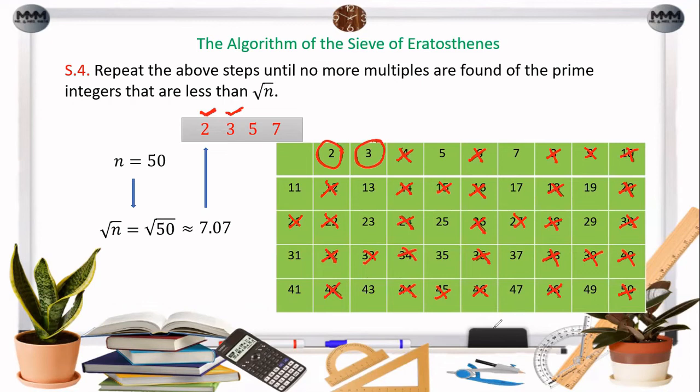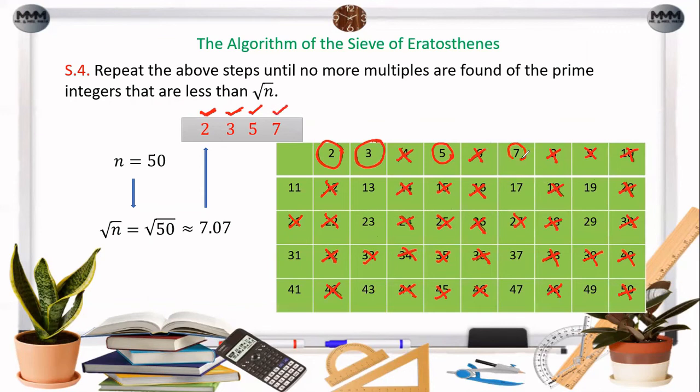So let's have number 5. For number 5, we encircle it and then cross out all the multiples of 5. We have 10 already crossed out, 15, 20, 25, 30, 35, 40, 45, 50. And the last is 7.